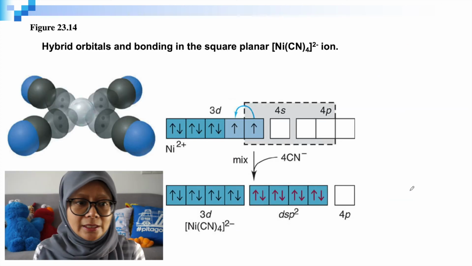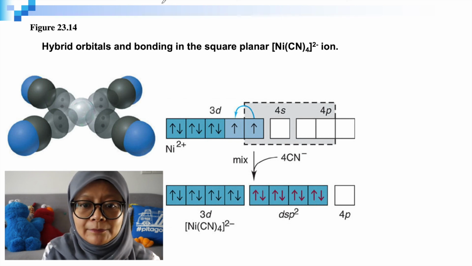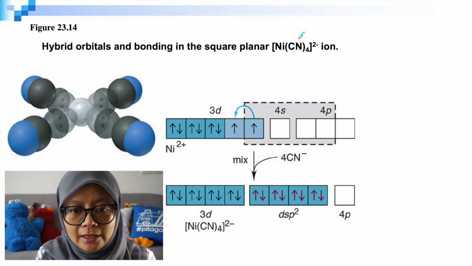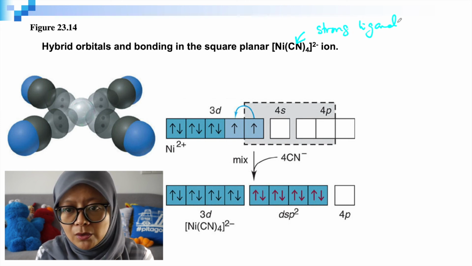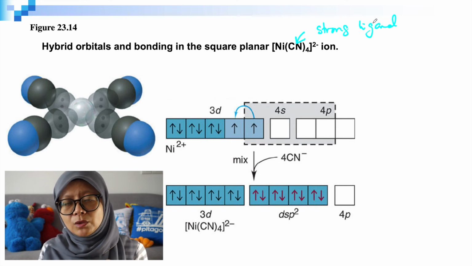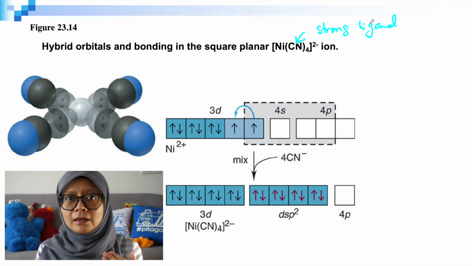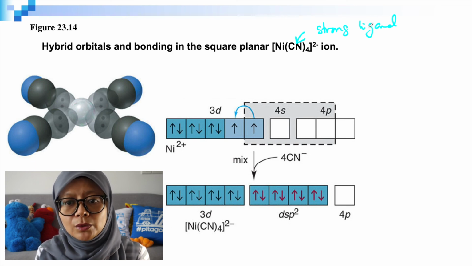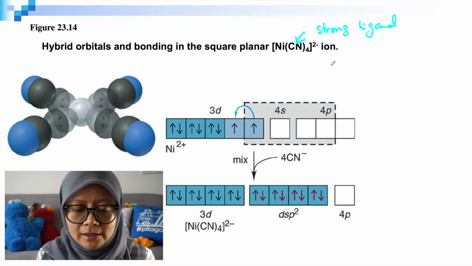So this is also a similar example, nickel and cyanide, and this cyanide is actually a strong ligand, because strong ligands have a tendency to form what we call diamagnetic compounds, and usually they have low spin complexes.